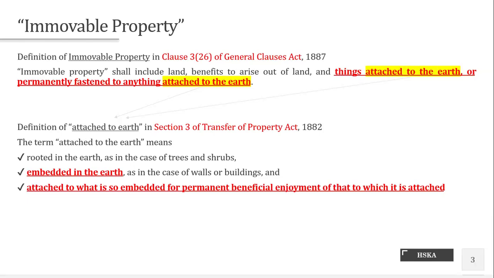Because see what's happening, benefits to arise from land is different from lease rights. You understand? The right to lease is different from actual leasing it. The owner has the right. See, you've heard of intangible immovable property?